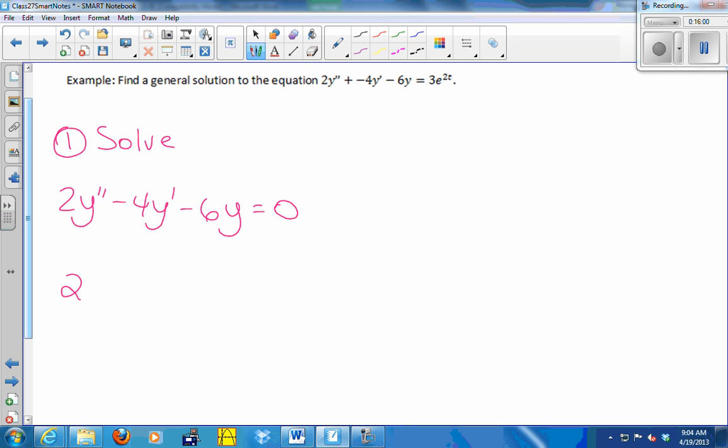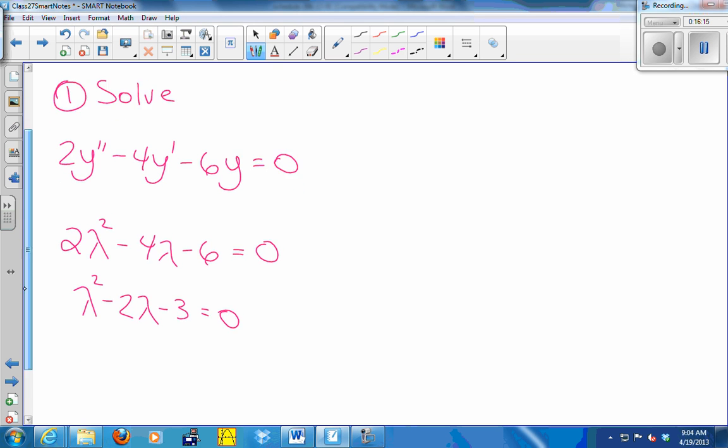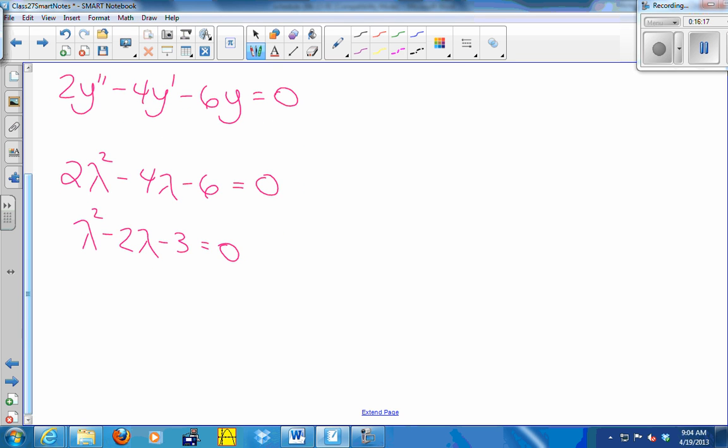It would be 2 lambda squared minus 4 lambda minus 6 equals 0. So then this factors to lambda minus 3 times lambda plus 1. So I get lambda equals 3 and negative 1.